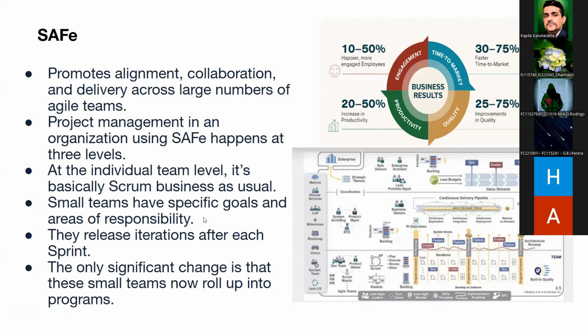SAFe Agile is another model, but we basically use it for large organizations. If you have a large organization with a large business and large teams, you can have multiple scrum teams, and on top of that, a main scrum team as well.